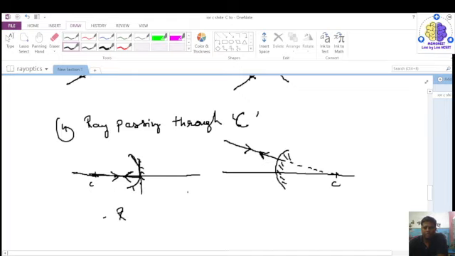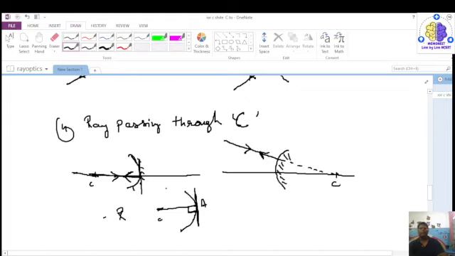That is, if suppose this is the curved surface and this is the center, and if I draw a line like this, and from the same point I draw a tangent, then this would always be equal to 90 degrees. So at this point A, the line drawn from the center of curvature is the radius, and the tangent passing through the point A and the radius will always be perpendicular to each other, right?